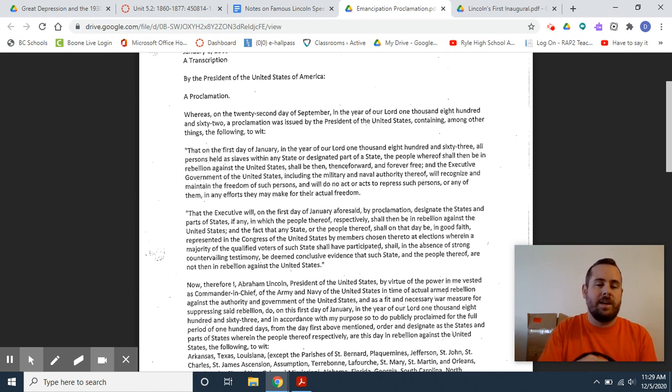This is not about ending slavery in those states. This is about ending slavery in the states that are in rebellion. And you say, well, why is that distinction important? Well, it goes back to Lincoln's first inaugural, where he said he had no lawful right or inclination to abolish slavery. He's still not there with the border states, and he doesn't want to be there because he wants to keep them loyal to the Union.